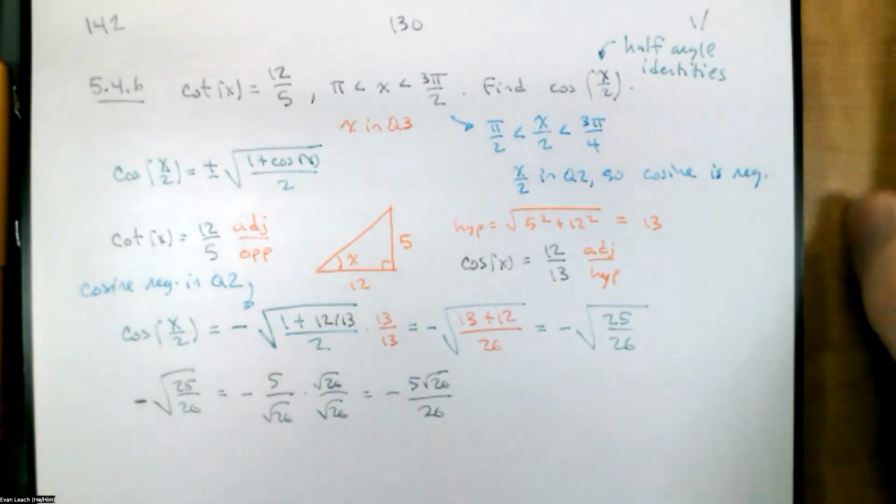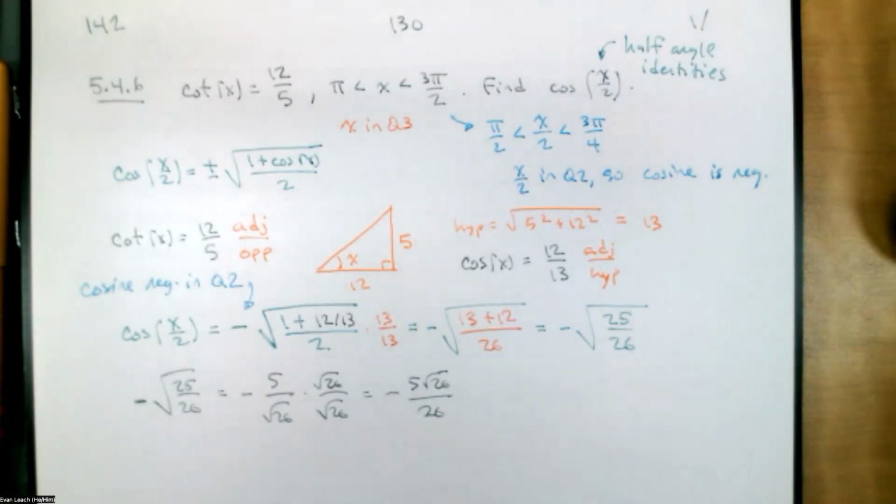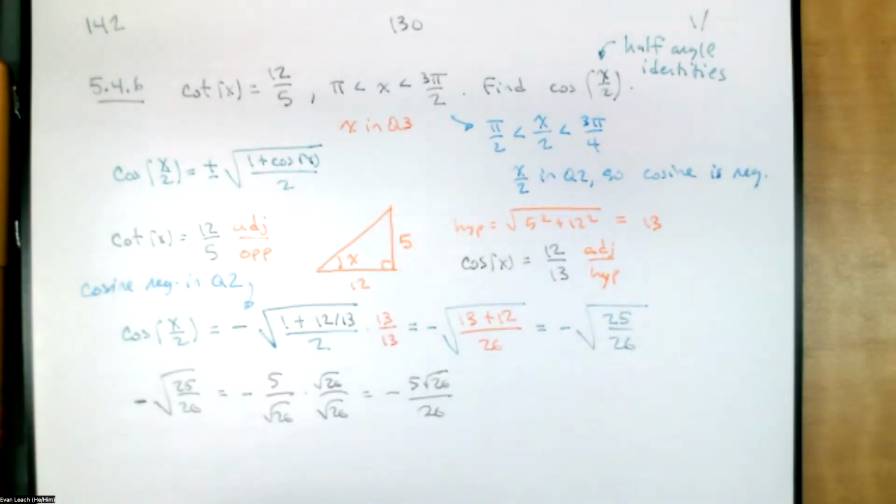Did I get my identity wrong? Cosine is the 1 plus, sine is the 1 minus. Cosine is 1 plus, sine is 1 minus.